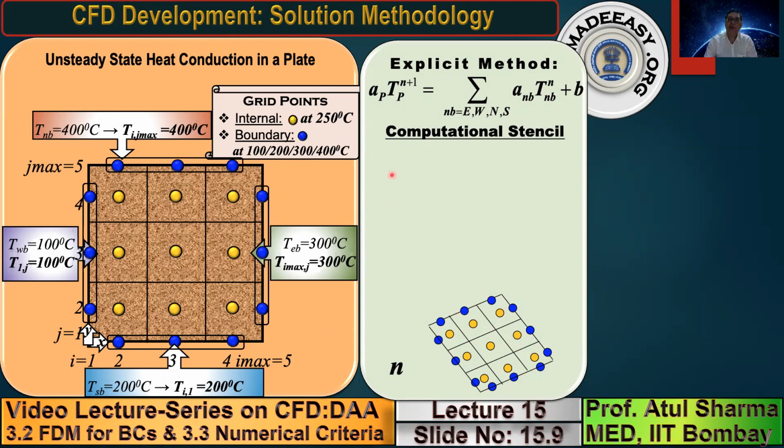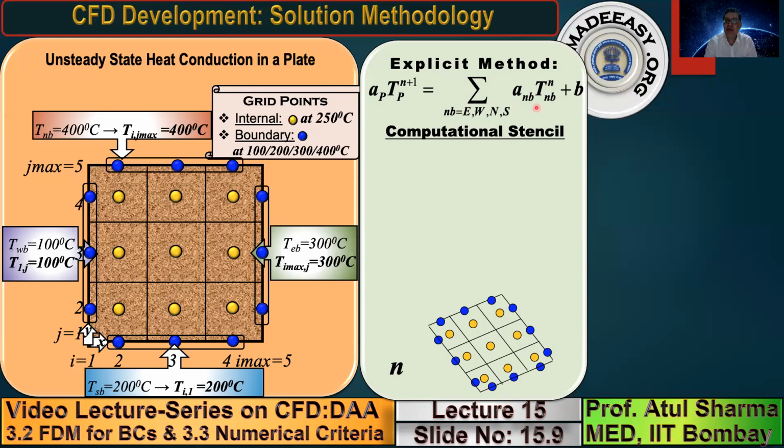Now in an explicit method, I have mentioned that time is represented by a superscript, which is n. Whenever you have a temperature in your equation, the subscript represents the spatial variation and the superscript represents the temporal variation.